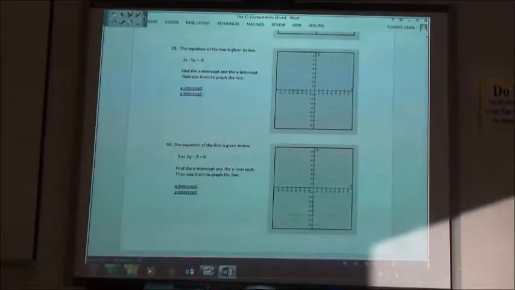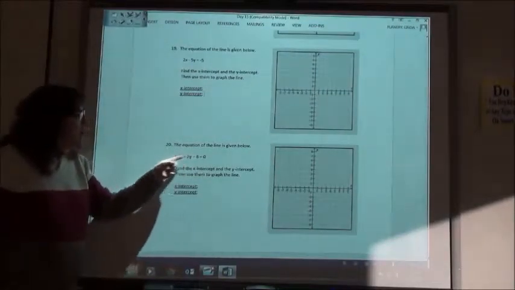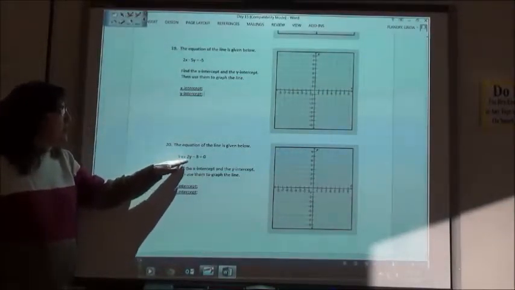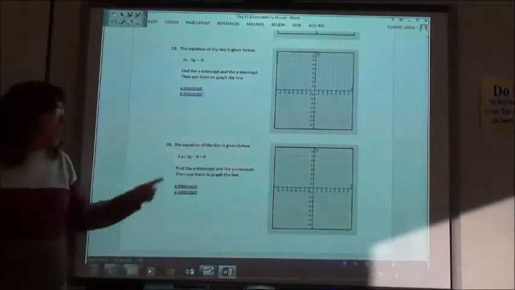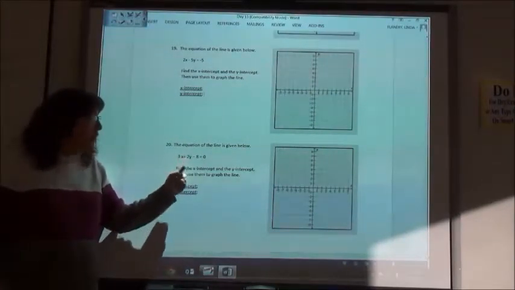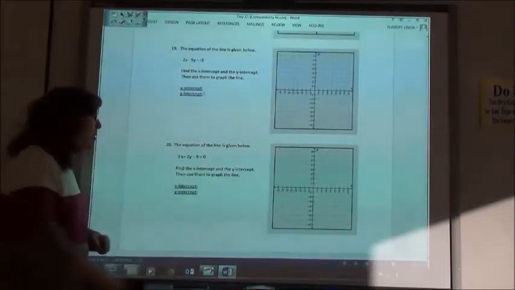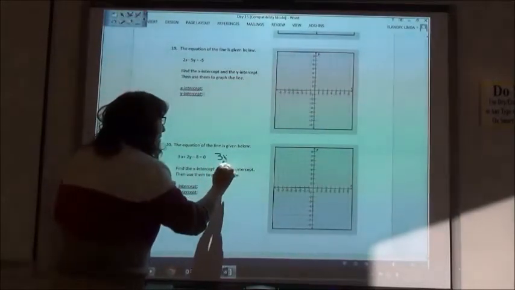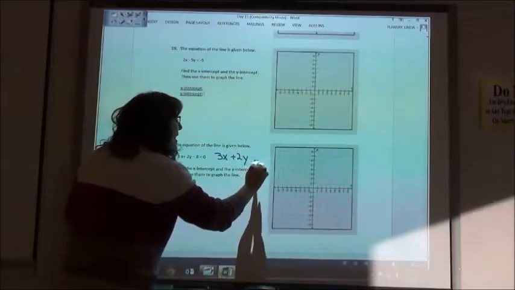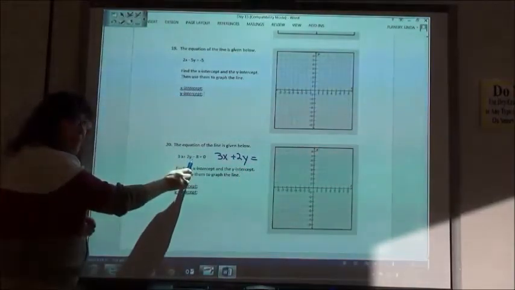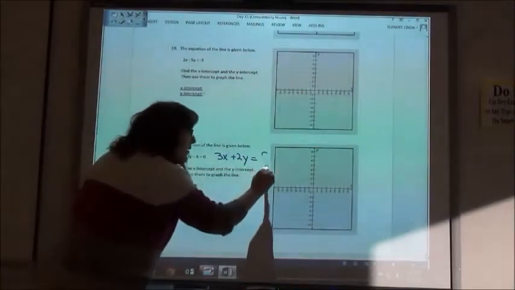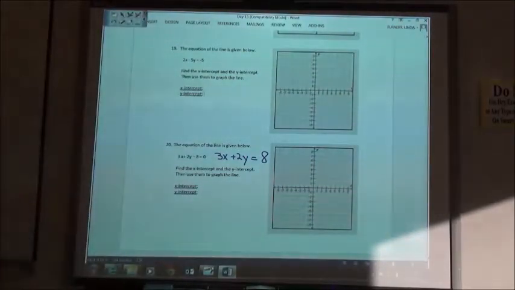This is one where they have it not quite in standard form yet. They have 3x plus 2y minus 8 equals 0. If it's like this, the first thing you want to do is go ahead and move your number to the other side. So I'm going to rewrite this as 3x plus 2y equals, and since this was a minus 8, when I move it over, it's going to make it a positive 8.